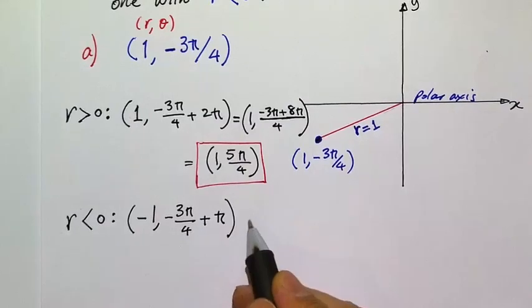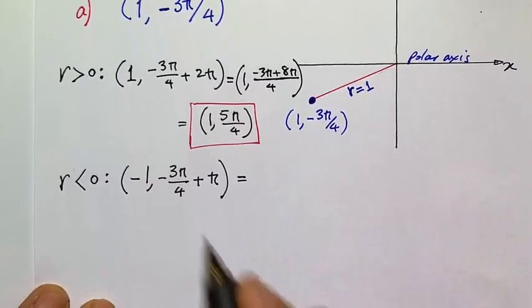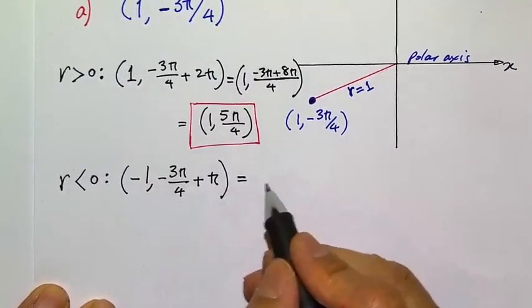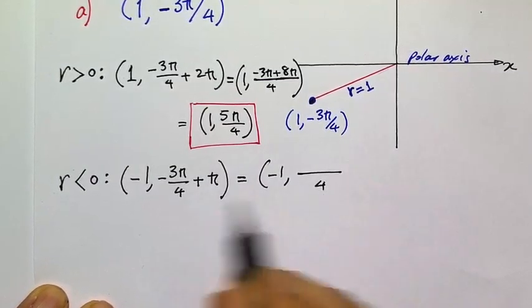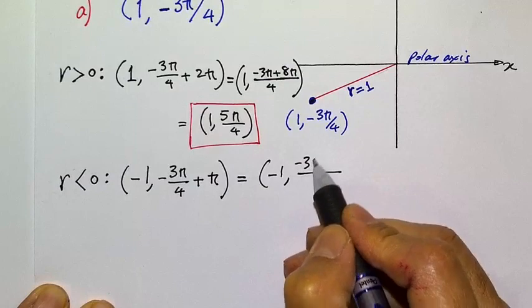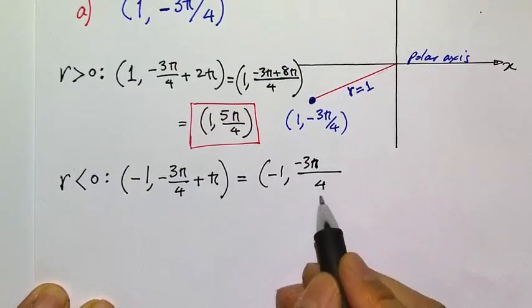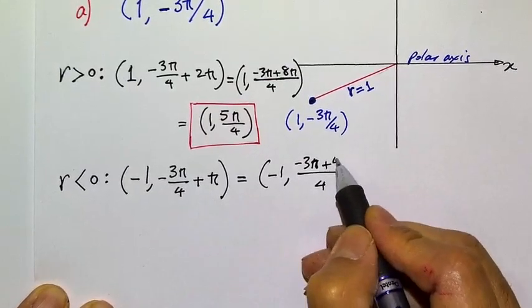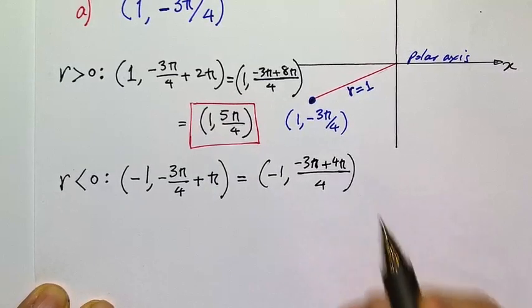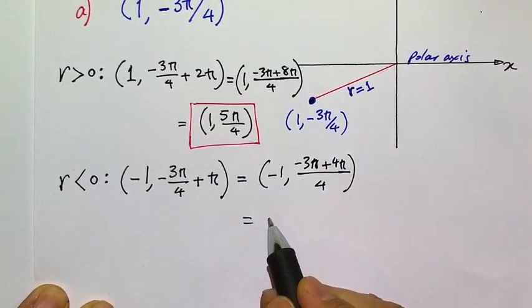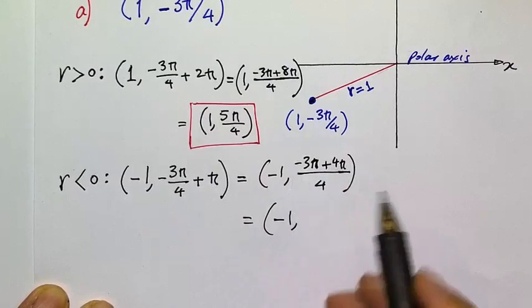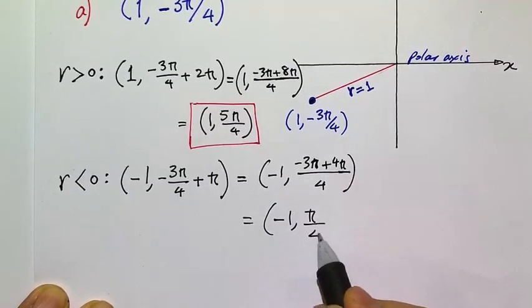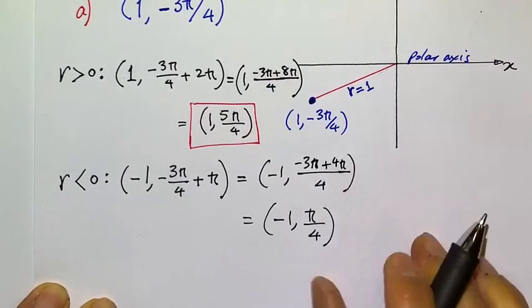Okay, so let us clean this up a little bit. So we have minus 1, common denominator being 4, minus 3 pi, and then we have 4 pi there, right? And then we have minus 1 comma, that would be pi. 4 pi minus 3 pi is just pi over 4.